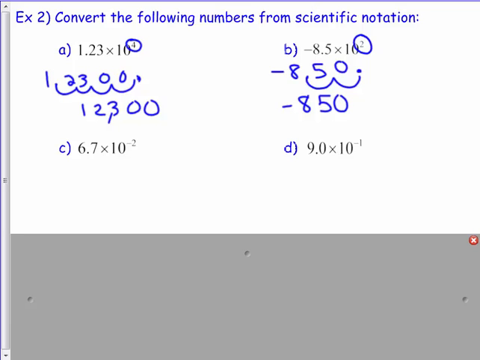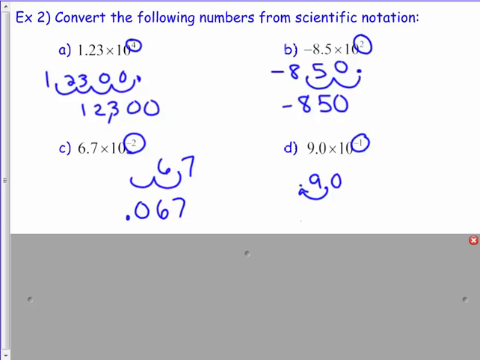In C, now in this one, it's 10 to the negative 2. That's going to make the number smaller. So I'm going to move the decimal point over to the left. 1 place, 2 places. So it's going to be 0.067. Again, the negative exponent makes the number smaller. And then in D, I'm going to do the same thing.